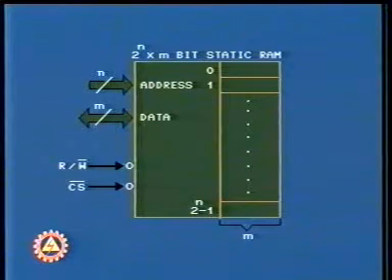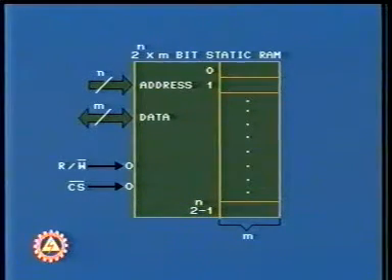The general model of a static RAM consists of n-bit address bus to select any of the 2^n locations, m-bit bidirectional data bus, read-write bar input signal, that is, a high for read and a low for write operation, and a chip select CS bar input.